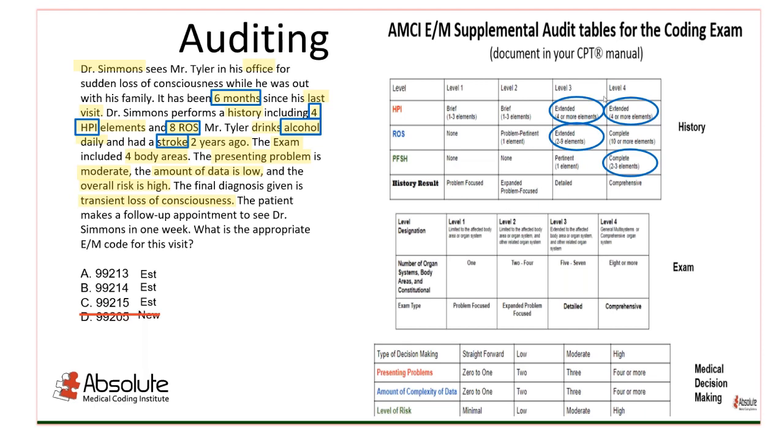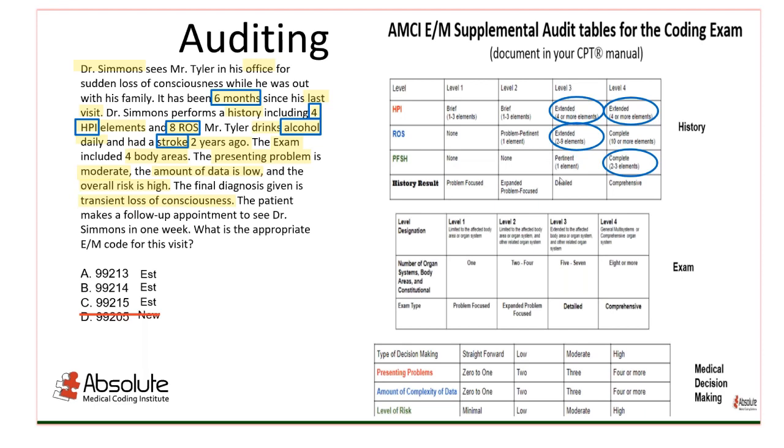Detailed. Yes, great job. Because remember, with our history table, we take the lowest. We have to fulfill each box here. So under level 3, we have to have at least 4 or more elements in the HPI. We fulfilled that. We have to have at least 2 to 9 in our review of systems. We have fulfilled that. And we have to have at least 1 PFSH, and we have fulfilled that.